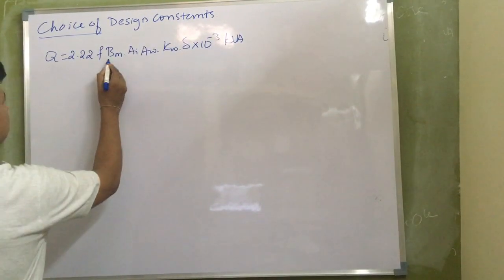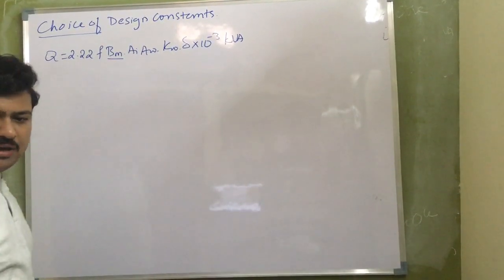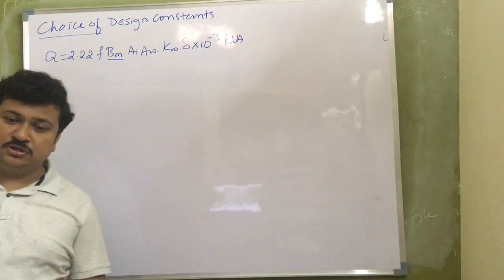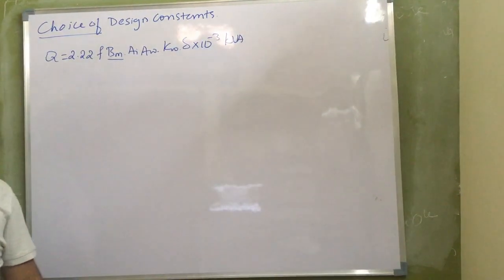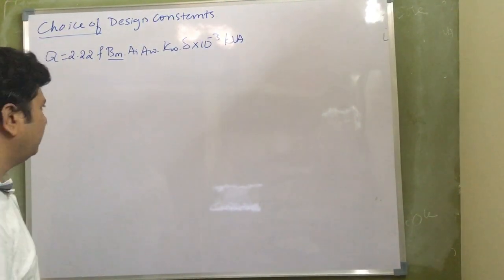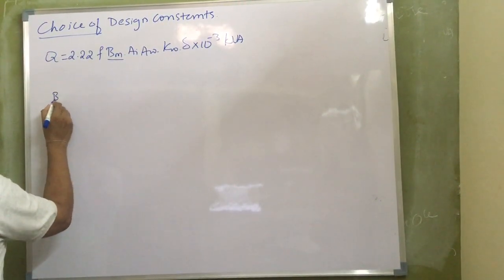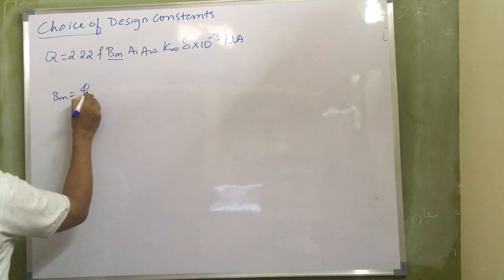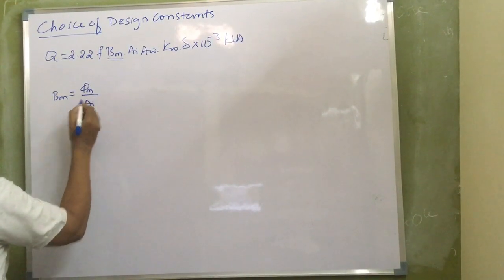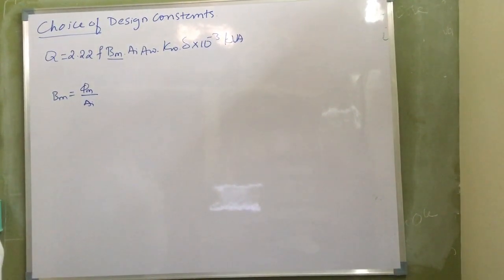Whereas BM, the maximum flux density that I will be choosing in the core, will form a design constant. Why? Because BM equals phi m divided by AI, flux per unit area.